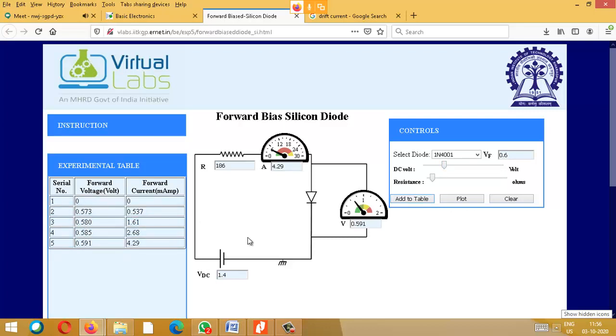Voltage cannot change across the device, I am saying, not my supply voltage. Supply voltage is flowing here. Your input power is nothing but the multiplication of voltage and current, so V into I is power in case of DC. Further I am increasing.